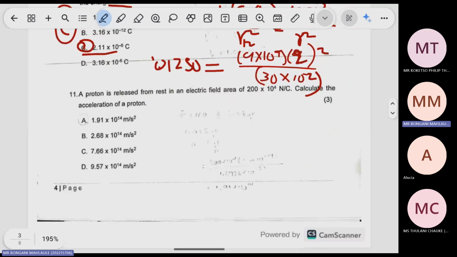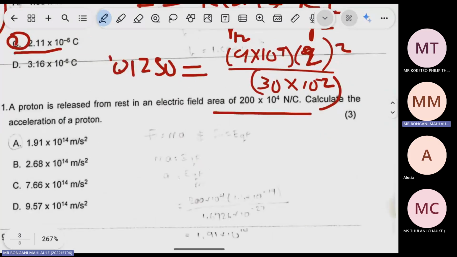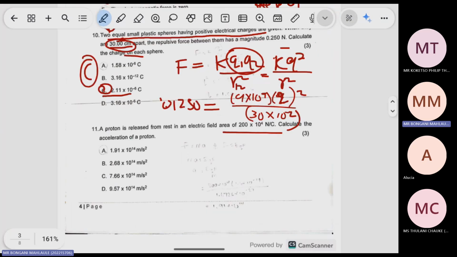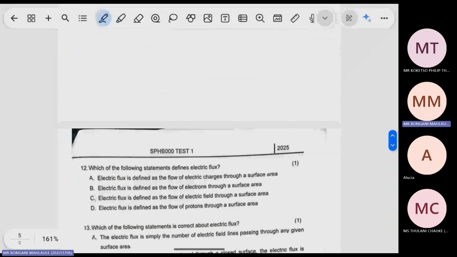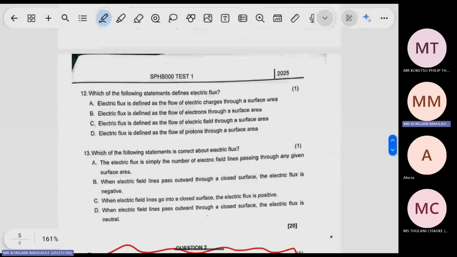Then number 11, a proton is released from rest in an electric field. Then calculate the acceleration of the proton. So the formula for electric field, I didn't capture that part.